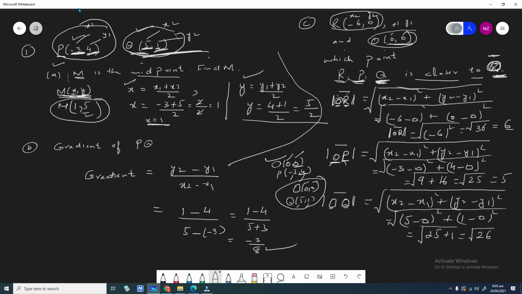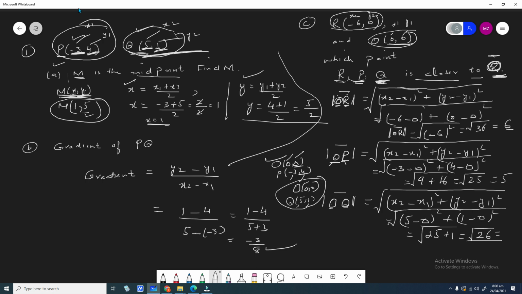So this is the distance between O and Q, and that is root 26, and root 26 is somewhere close to 5.1 or a little bit over 5, because the square root of 25 is 5. So this must be greater than 5, but certainly less than 6, because the square root of 36 is 6. So the value root 26 is greater than 5 but less than 6.